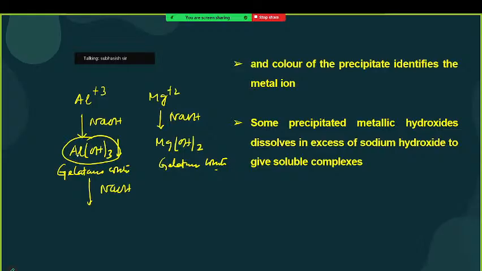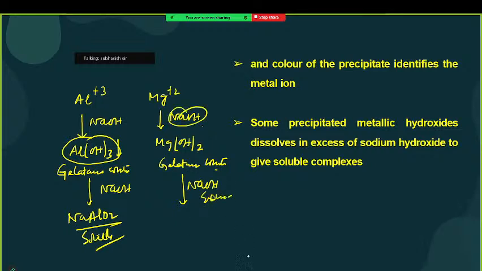Now, if the precipitate is aluminium hydroxide, then sodium hydroxide reacts with aluminium hydroxide with the formation of sodium aluminate. This is soluble. But magnesium hydroxide, when reacted with excess sodium hydroxide, shows no change in the precipitate.